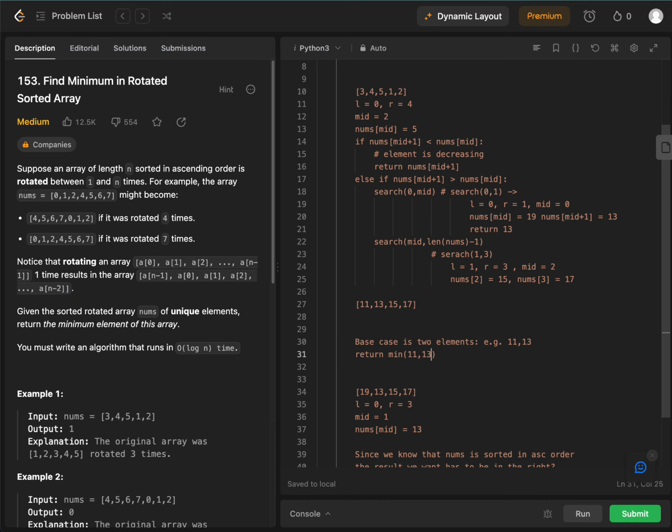Okay, maybe we can return the minimum of 11 and 13, right? We want to return the minimum of 2 elements.